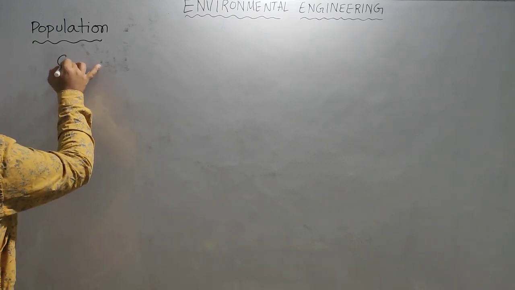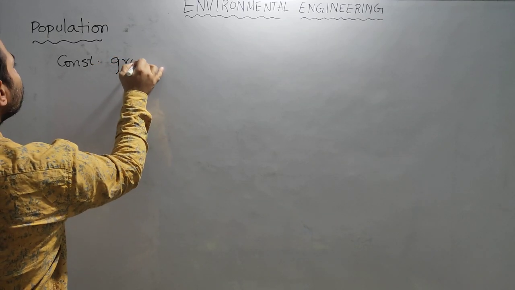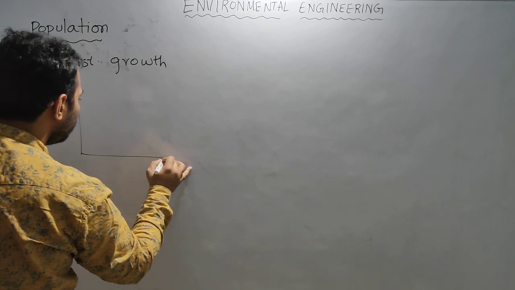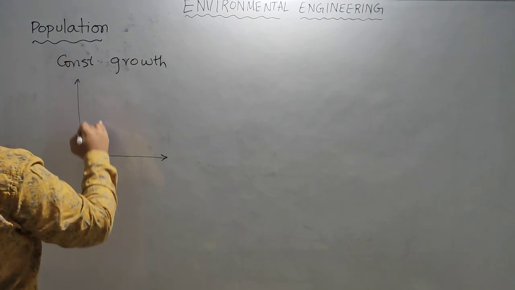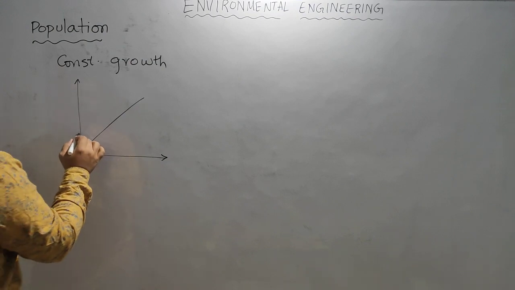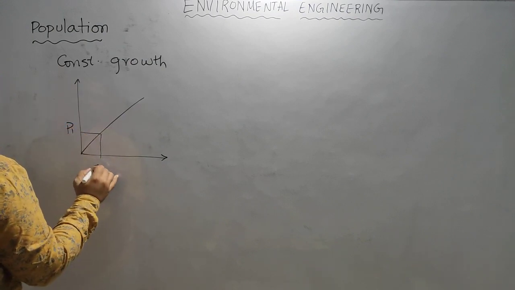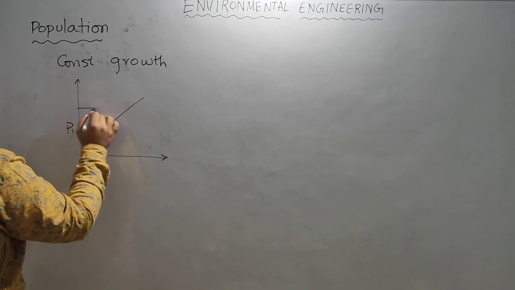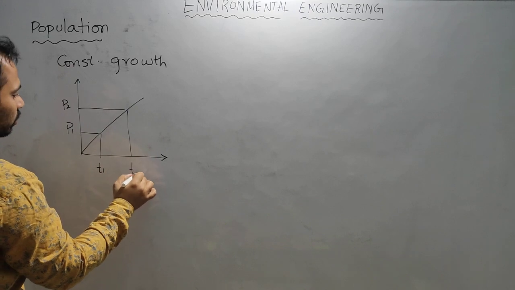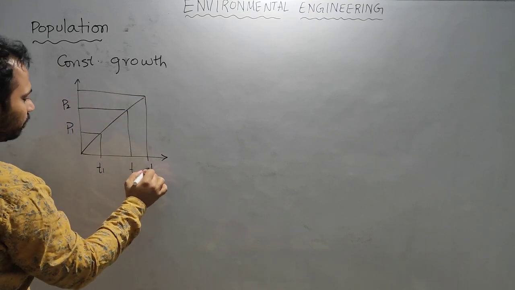For example, if it is constant growth, then the graph will be like this. Here we can assume dp by dt is constant. For example, take this as p1 at t1 time, this is p2 at t2 time, and this is p3 at some t3 time.